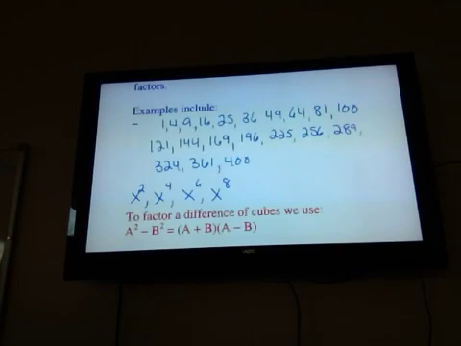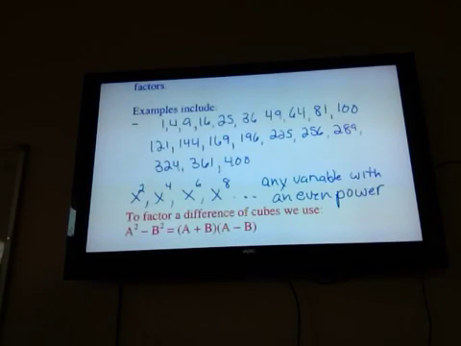X to the eighth, etc. The pattern is that any variable with an even power is a square.